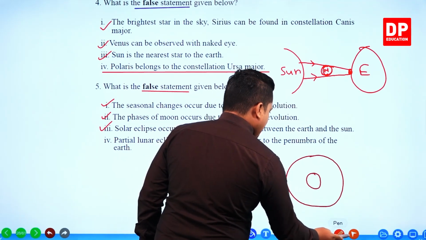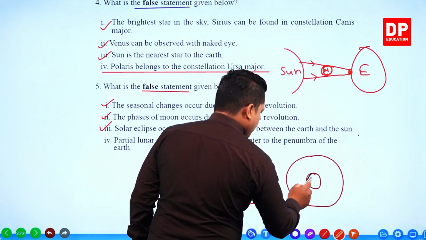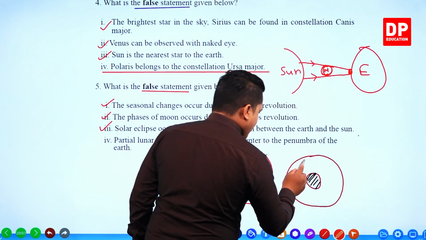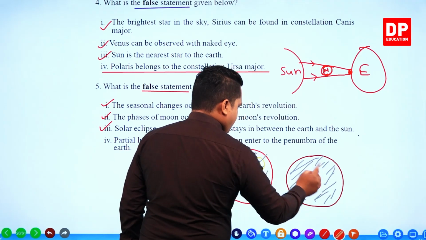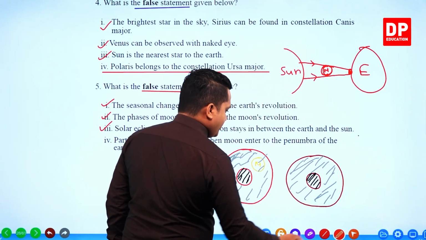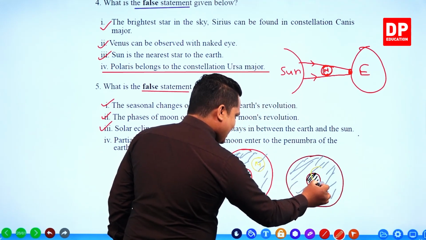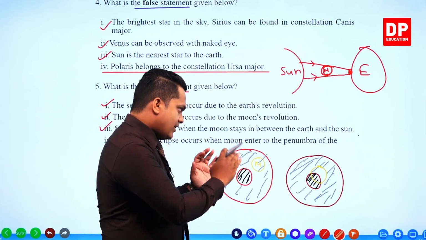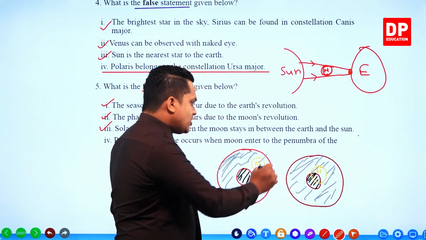So this is the umbra, this is the penumbra, right? The ash color one is the penumbra. So when our moon is in this kind of a place where one half is at the umbra region and the other portion is at the penumbra region, now this is a partial lunar eclipse.